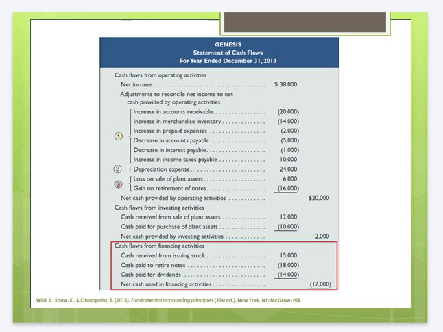Of course, that has a negative impact because that's cash paid. The cash paid for dividends will also have a negative impact. So our net cash used in financing activities is $17,000, and we call it used in financing activities because it is a total negative number. Basically, we had a negative cash flow related to financing activities.